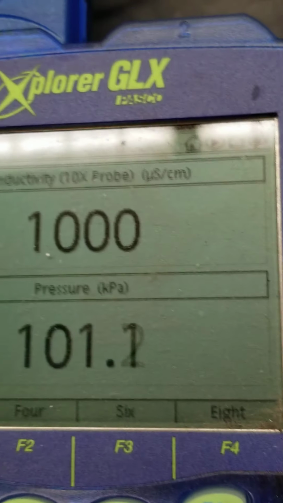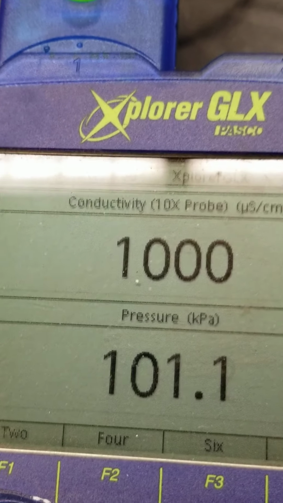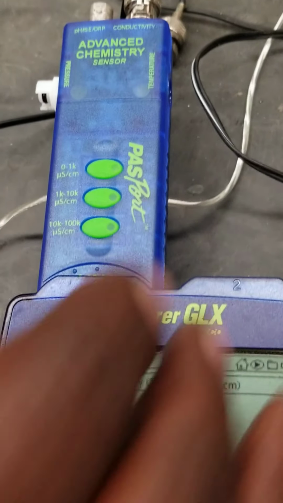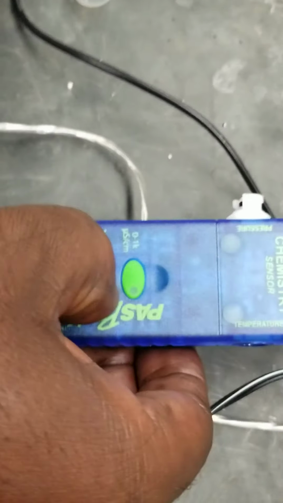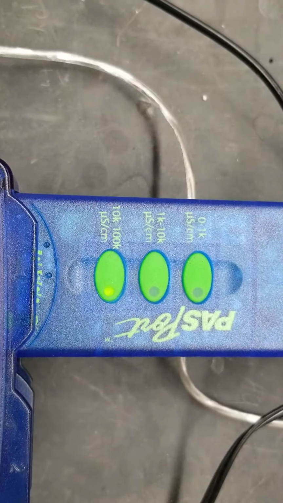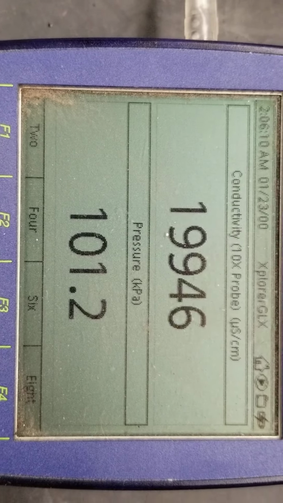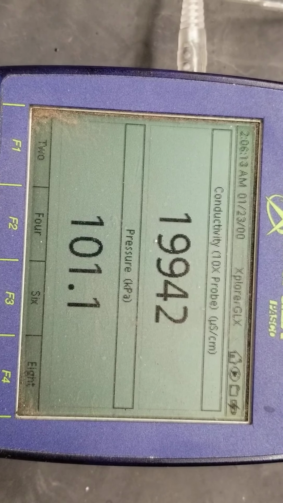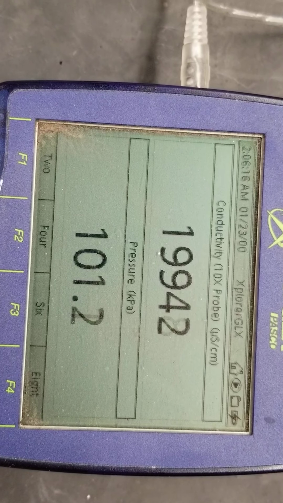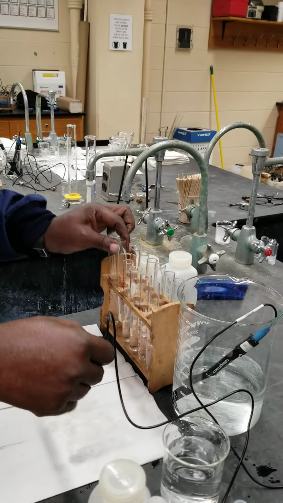What you can see here is that it's flooded. It's showing a round number like that. It means it's flooded. I'll go to a less sensitive scale. And it still says 10,000, so it's still flooded. So let me go to an even higher scale. So look at that. In this case, let's read it as 19,940 microsiemens per centimeter, 0.05 molar HCl.